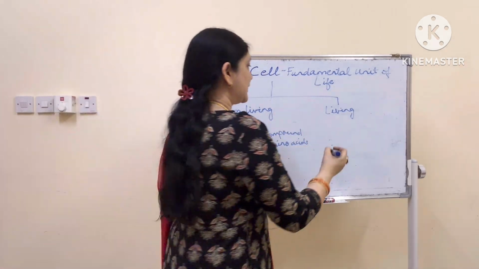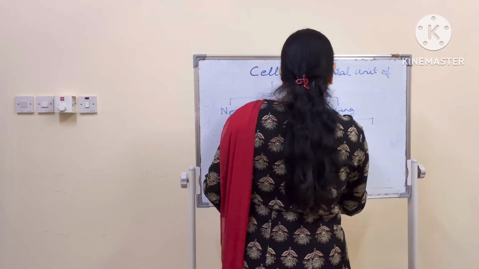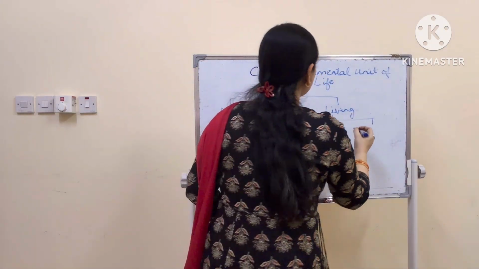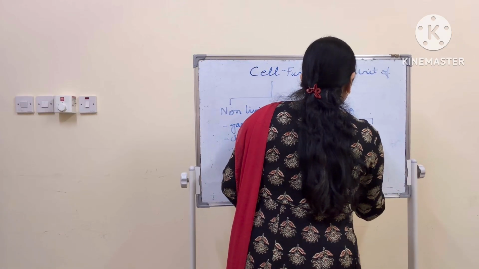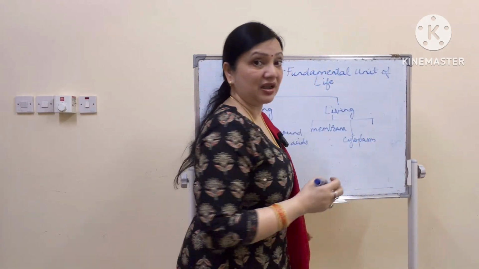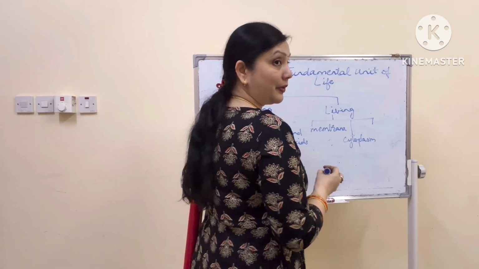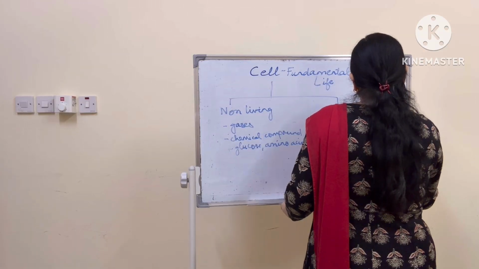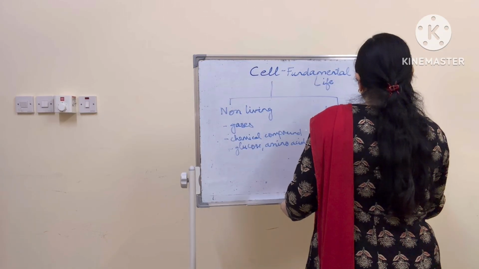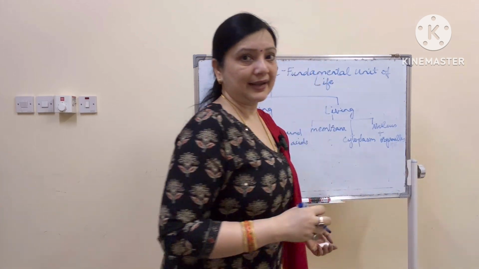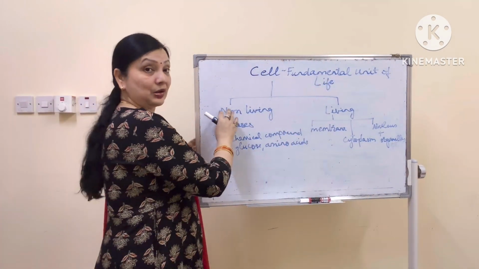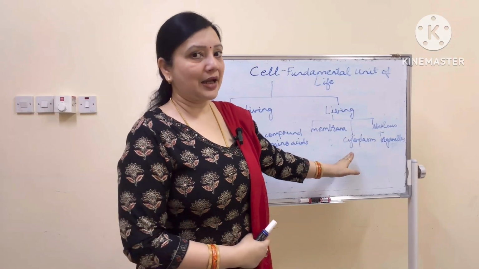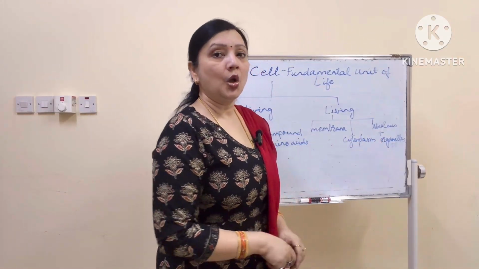Living things: the cell membrane. The cell membrane is a living thing. The cytoplasm, the jelly-like substance, we will study about this when we study the cell structure. Membrane, the cytoplasm, the nucleus, and all organelles. These are the living parts of the cell. So cell has two parts, non-living and living, and living has three parts: membrane, cytoplasm, and nucleus, plus all the organelles.